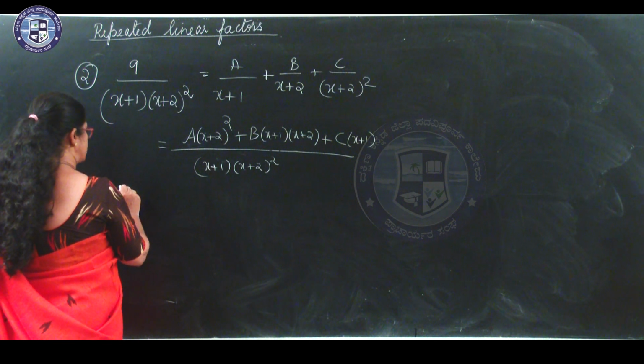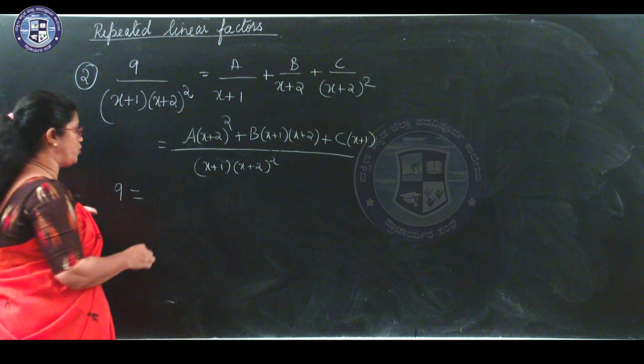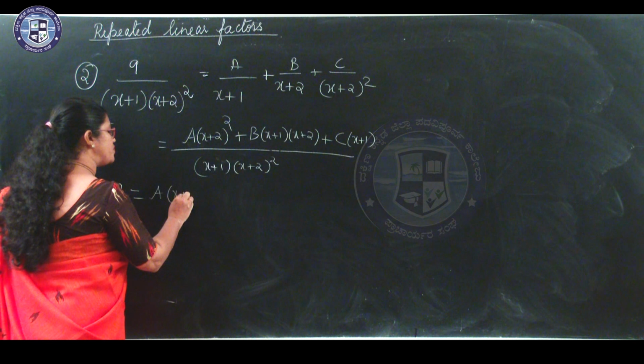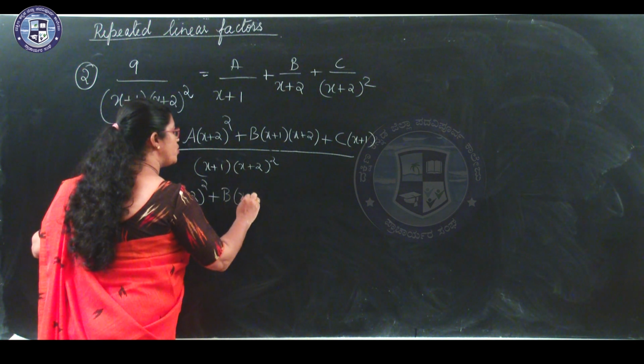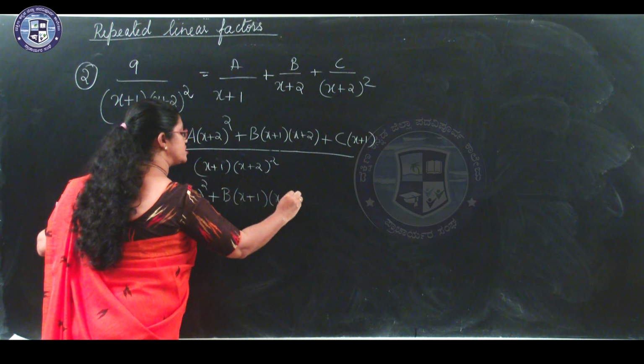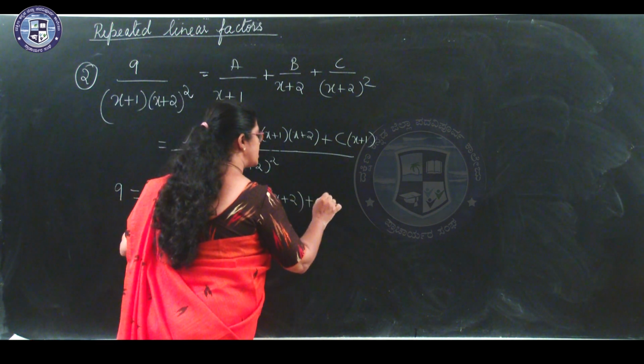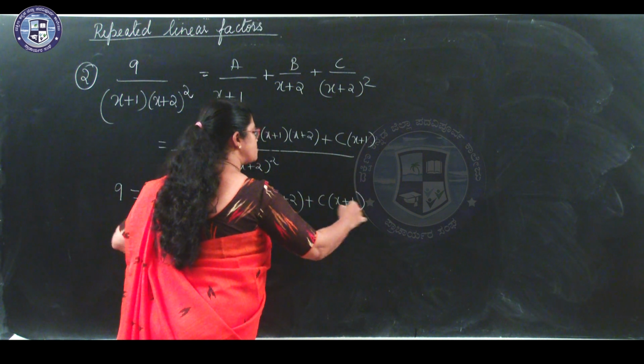Equate the numerators, you get 9 is equal to A into x plus 2 the whole square plus B into x plus 1 x plus 2 plus C into x plus 1.